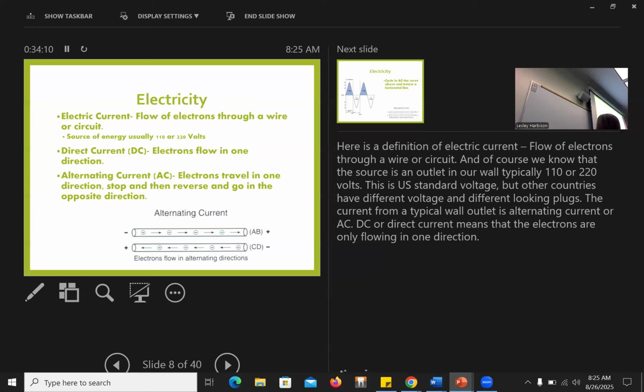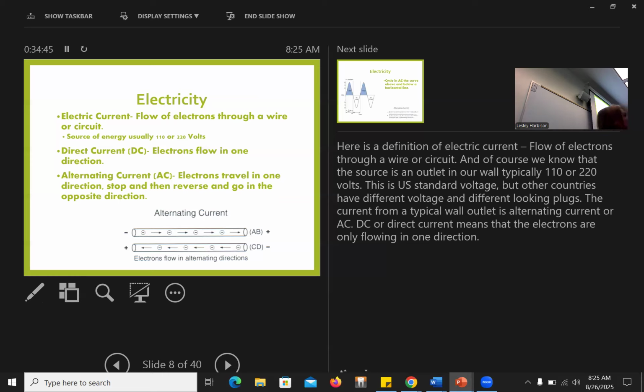So direct current, or DC, is when the electrons only flow in one direction. The whole time, there's never any stopping or slowing down, they're just moving in one direction. That's a DC current. Alternating current, and sometimes you'll hear the phrase AC/DC, meaning it's coming in these two forms, but alternating current means that the electrons flow in one direction, then they stop and go in the other direction, and then they go back again.